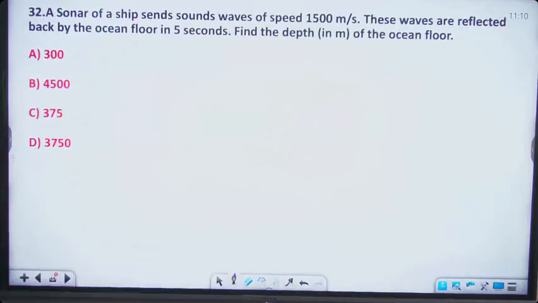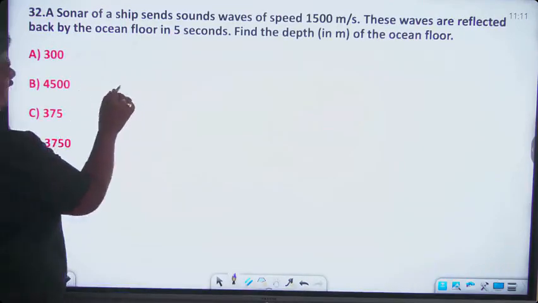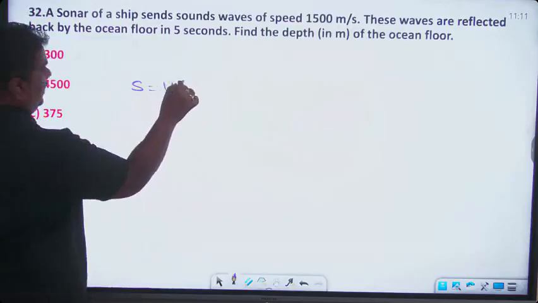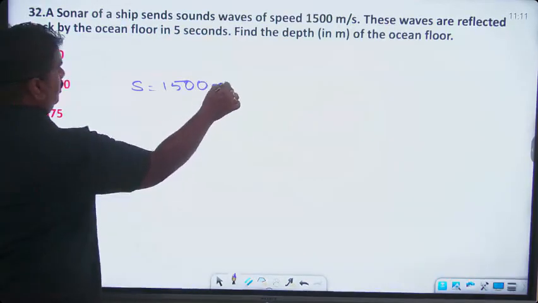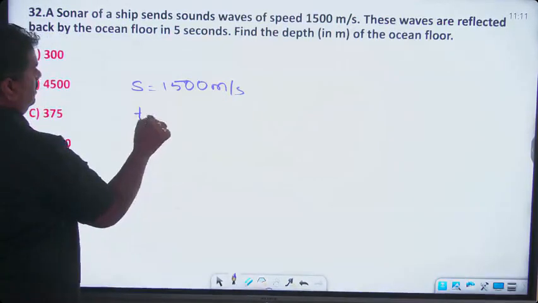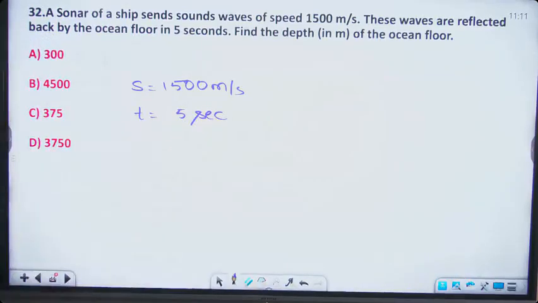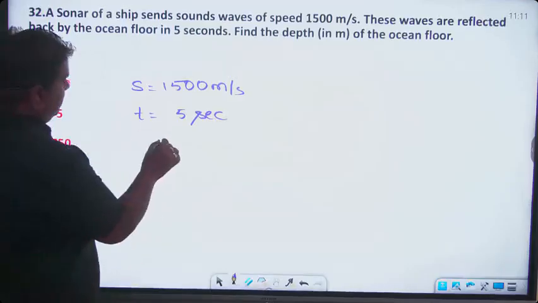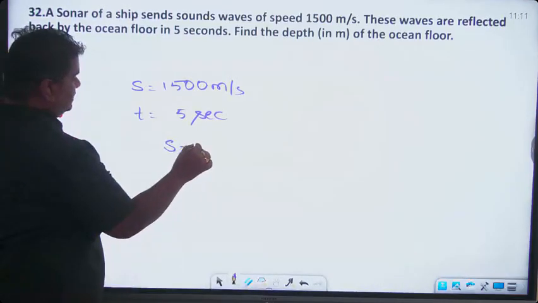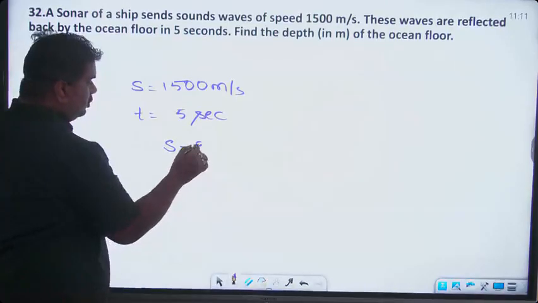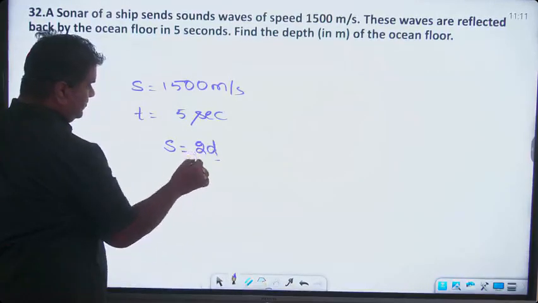Then a sonar of a ship sends sound waves of speed 1500 meters per second. These waves are reflected back by the ocean floor in 5 seconds. Find the depth of the sea or the ocean floor. This is based on echoes. Echoes law, we have discussed one formula: speed equals 2 into distance by time.